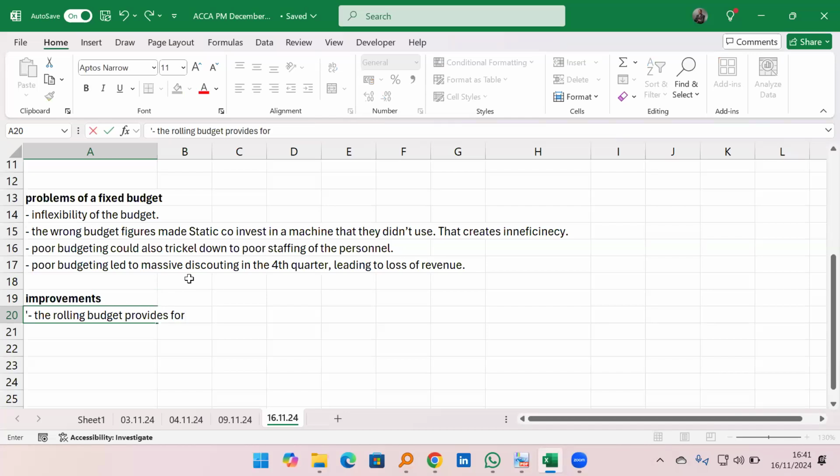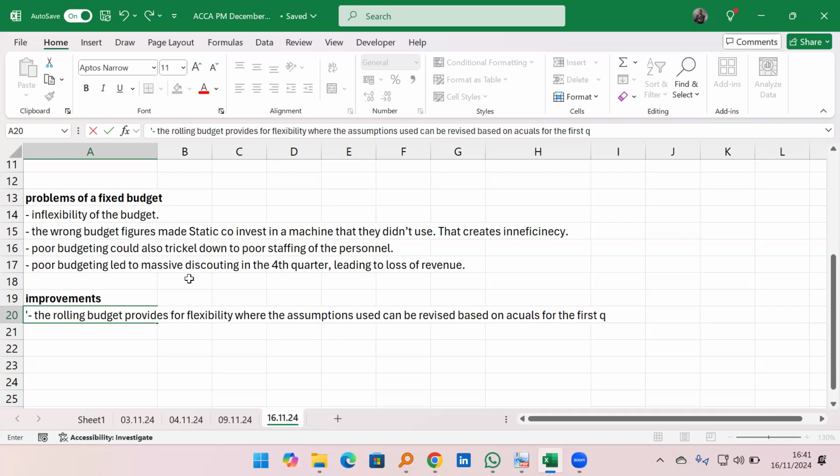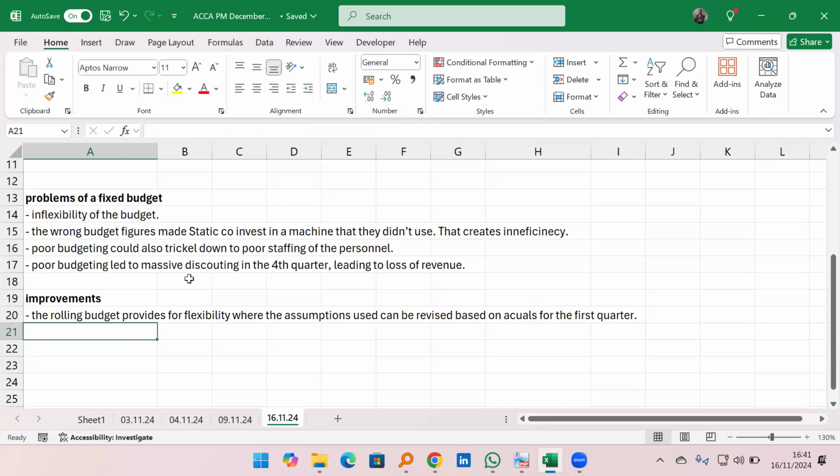provides for flexibility where the assumptions used can be revised based on actuals for the first quarter. So imagine you had thought that you were going to sell so much, but then you sell less.